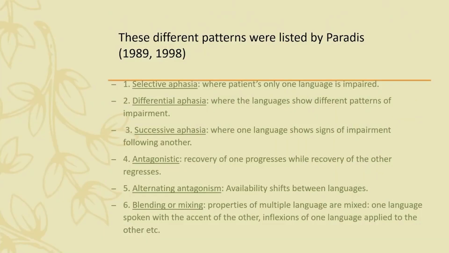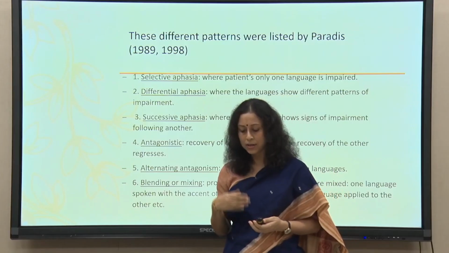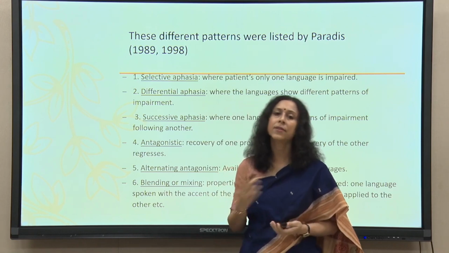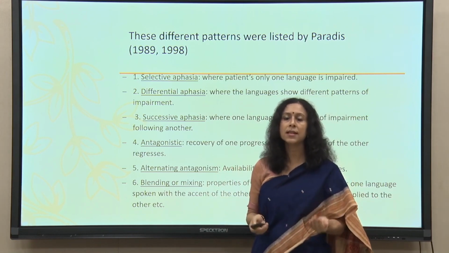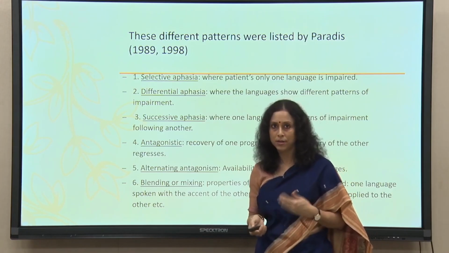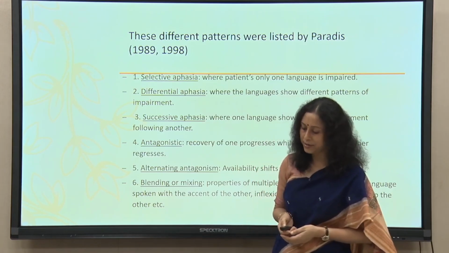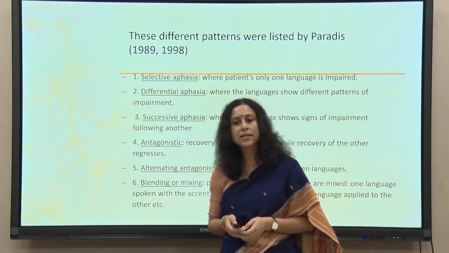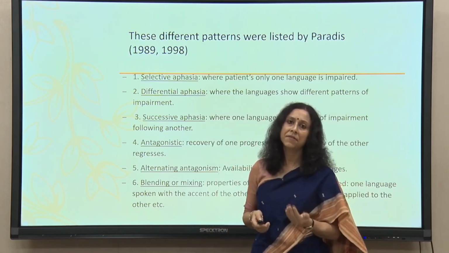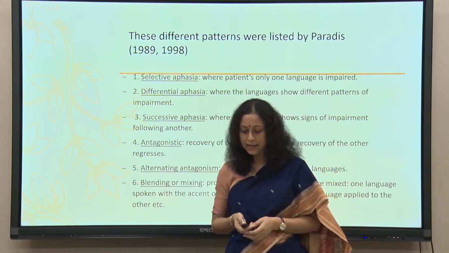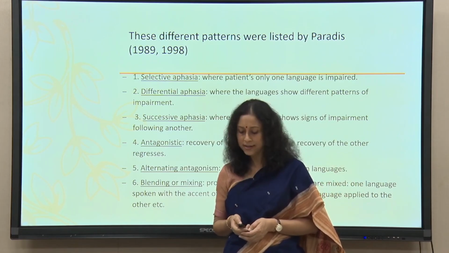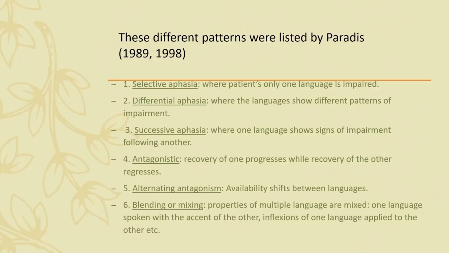Then the fourth type is called antagonistic. Antagonistic is when the recovery of one language, as it progresses, is inversely proportionate to the recovery of the other language. So, as one language progresses, the other language regresses. Alternating antagonism is availability that shifts between languages, sometimes one language, sometimes another. And then the sixth type that he lists is blending or mixing.